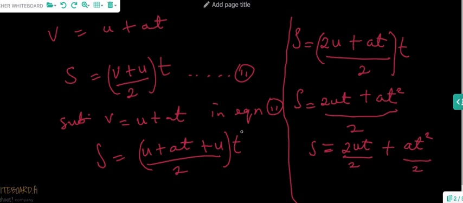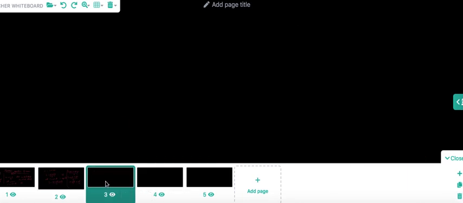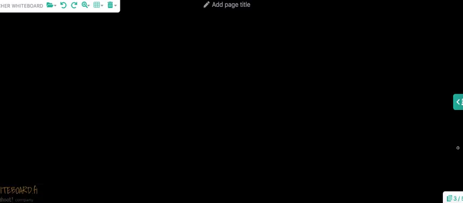So let's go to the next slide. We can divide our answer. From that I have s equals 2ut over 2 plus at square over 2.